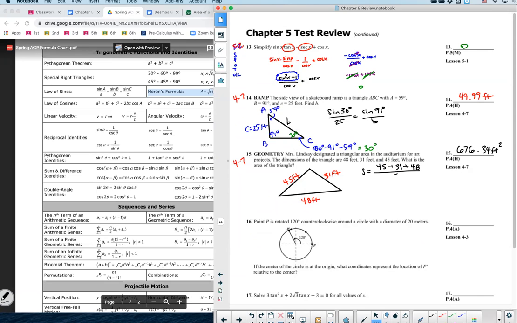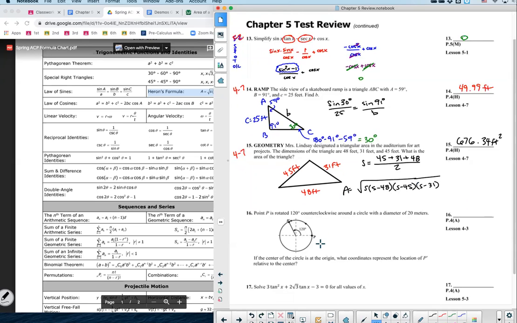So you calculate half the perimeter, and then you would plug it into this formula that would say s, half the perimeter, times half the perimeter minus each side length. So 48, half the perimeter minus 45, and half the perimeter minus 31. The order does not matter. I realize I just went out of order on these two, but you would type all that in and you would get that answer for your area.